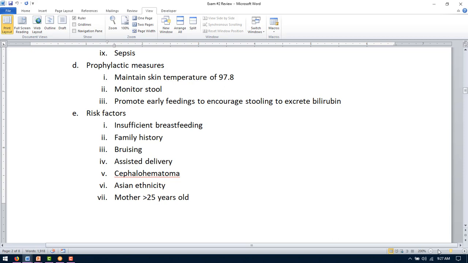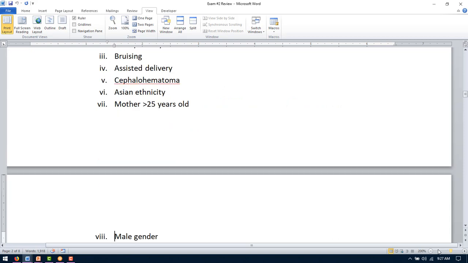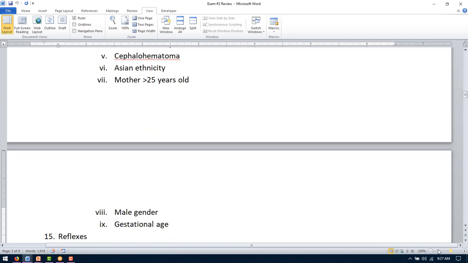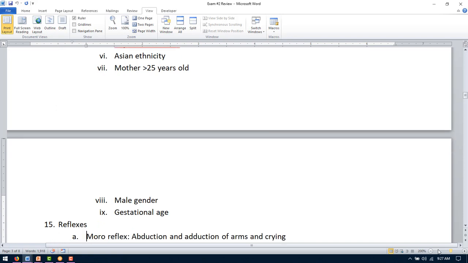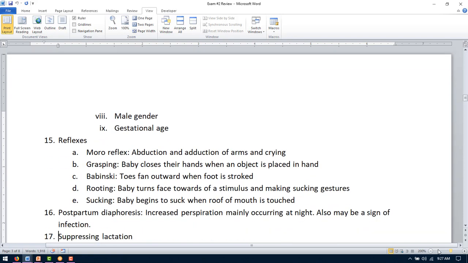Anytime they've had an assisted delivery with forceps or a vacuum, cephalohematomas, Asian ethnicity has a higher risk of jaundice. Anytime the mom's greater than 25 years old, and male gender of the baby, and the gestational age. Remember, preemies have a higher risk of jaundice.